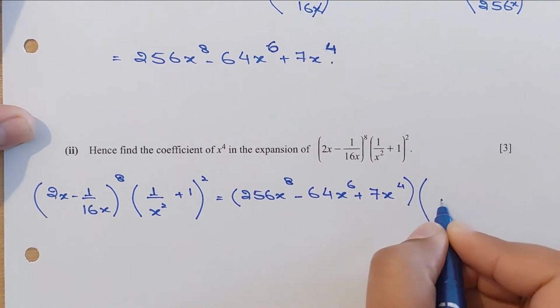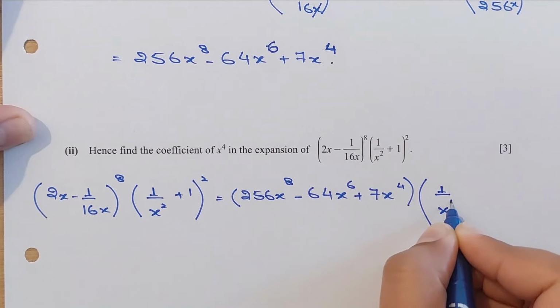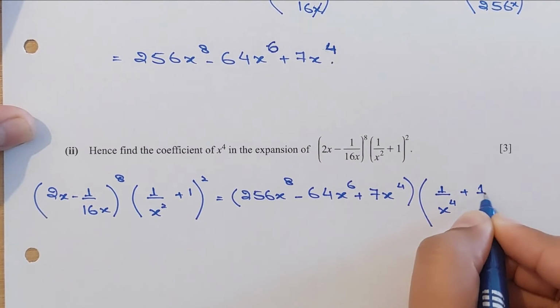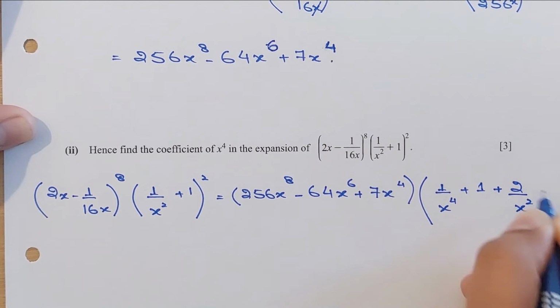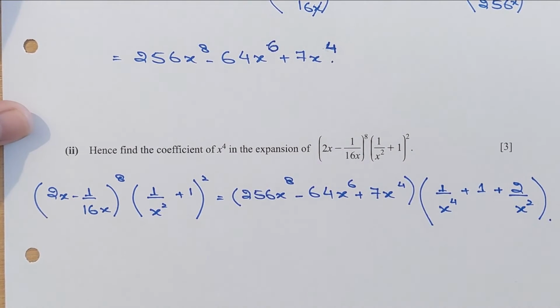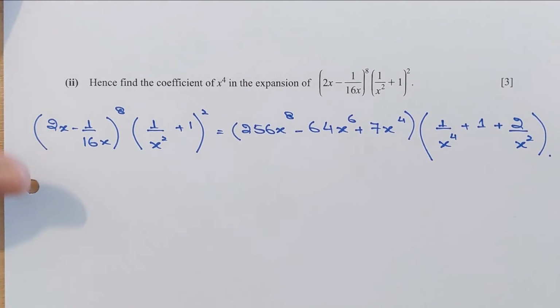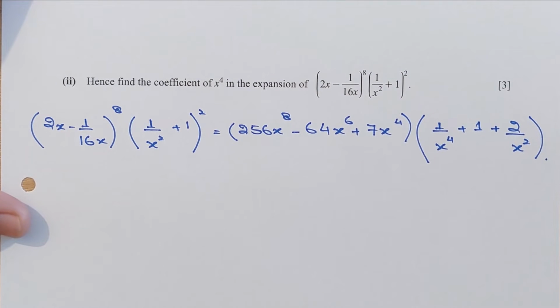And let me open this. This is just (a + b) whole squared. The first square is 1/x^4, then plus 1, and 2ab is plus 2/x^2. Now we have to do the product to find the coefficient of x^4, so just work on the power 4.